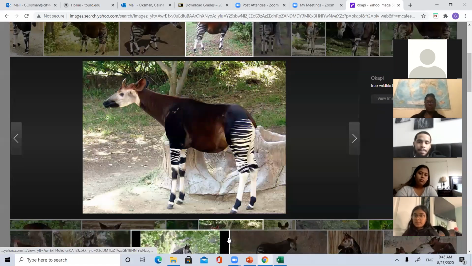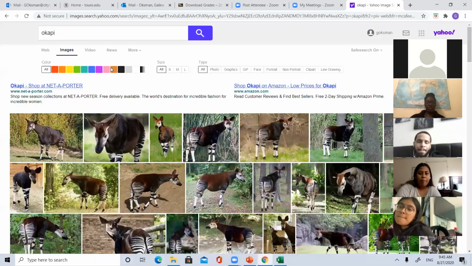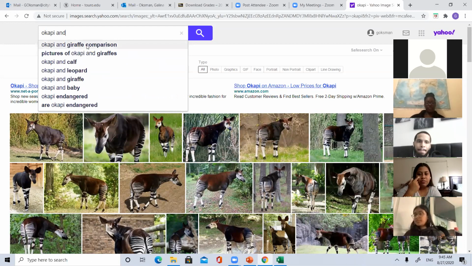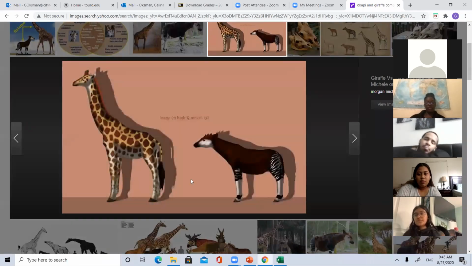Do they resemble giraffes to you? Do they look like giraffes? They kind of look like zebras. It's an okapi and giraffe comparison. They have a lot in common, right?